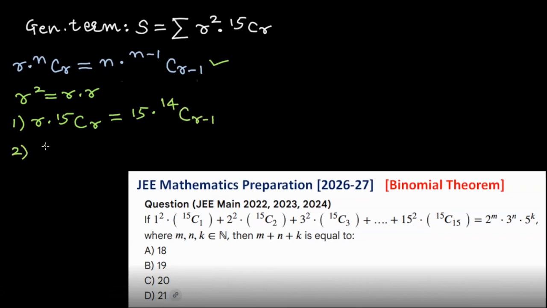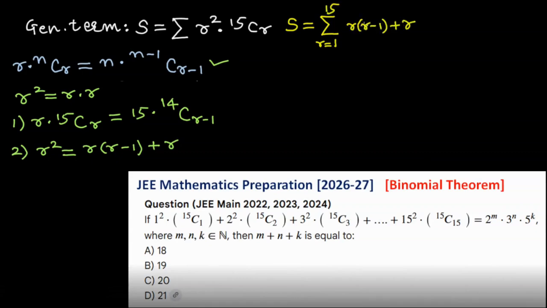Number 2, let us write r square as r into (r minus 1) plus r in linear terms, so that S becomes summation from r equals 1 to 15 of r into (r minus 1) plus r, for this r square into 15Cr.